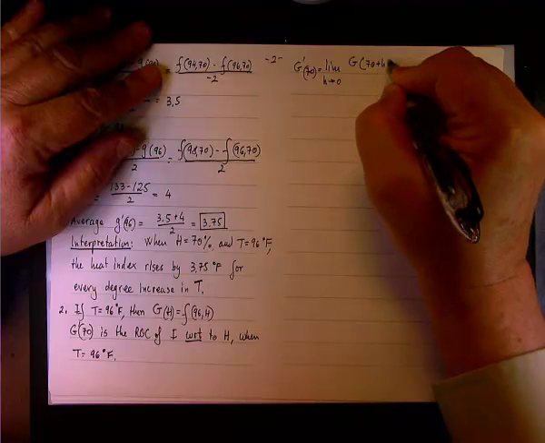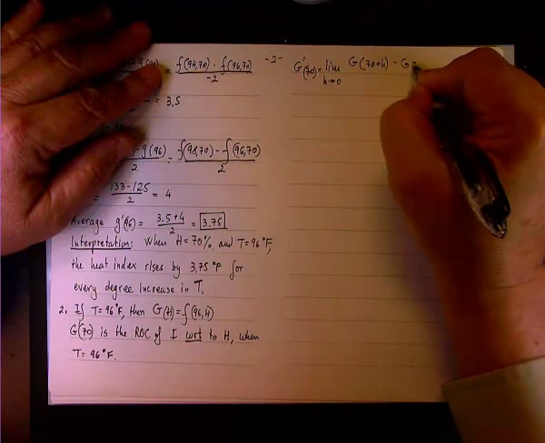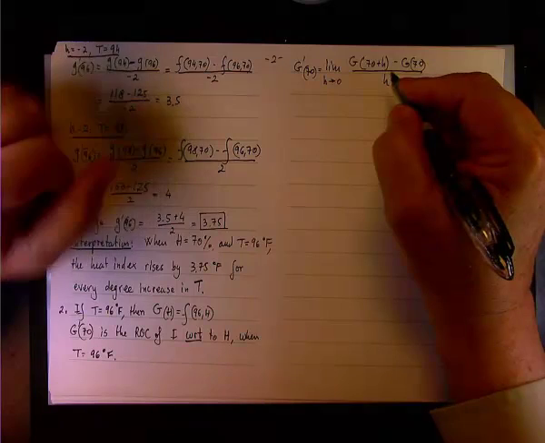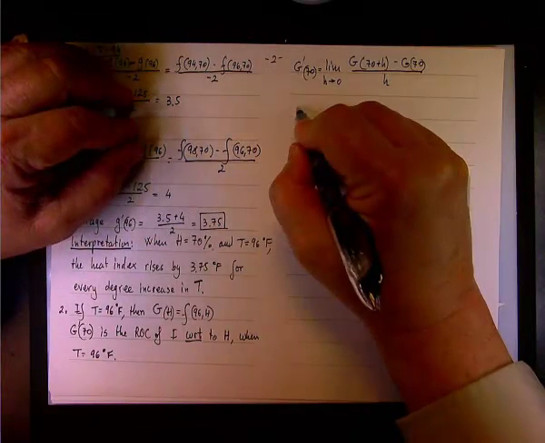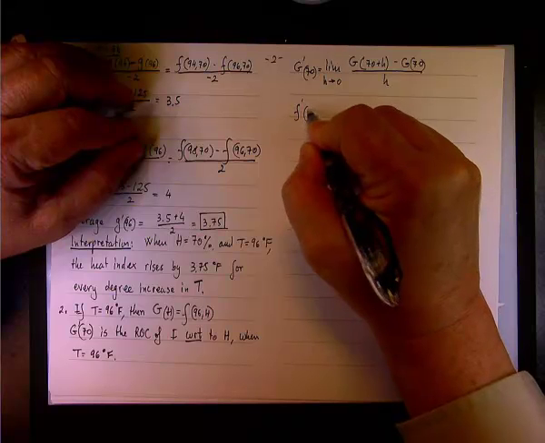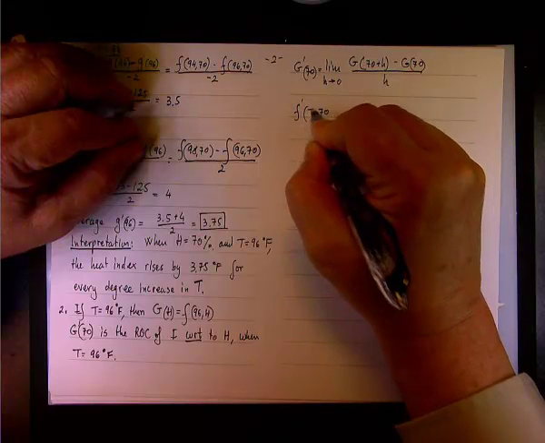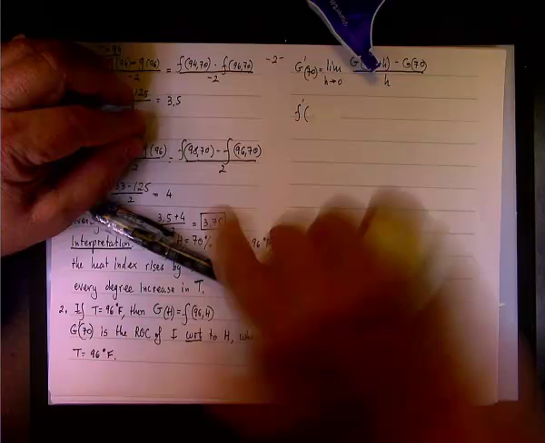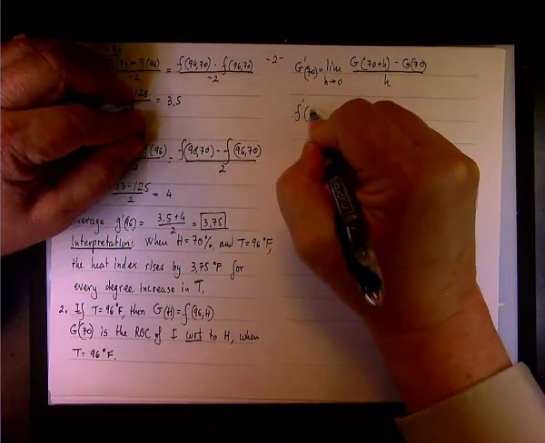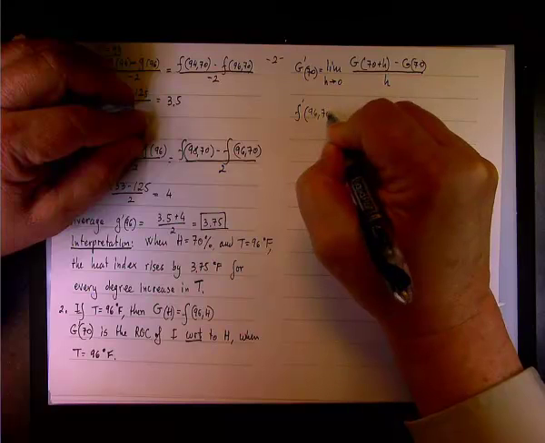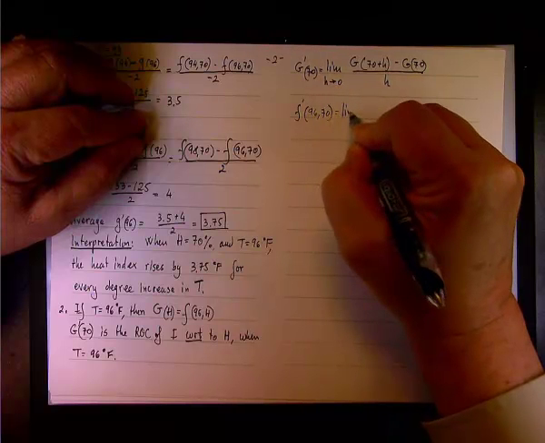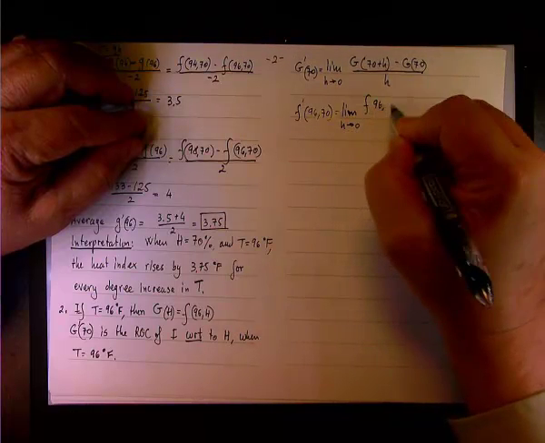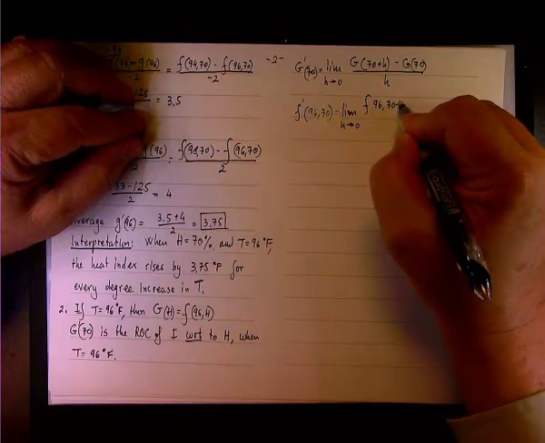So we're going to write the following: G prime uppercase at 70 will be the limit as, again, H approaches 0. The definition of a single variable derivative, the limit definition: G of 70 plus H minus G at 70 divided by H. And now let's go back and write it as a two-variable function. In this case, F prime at T and 70.